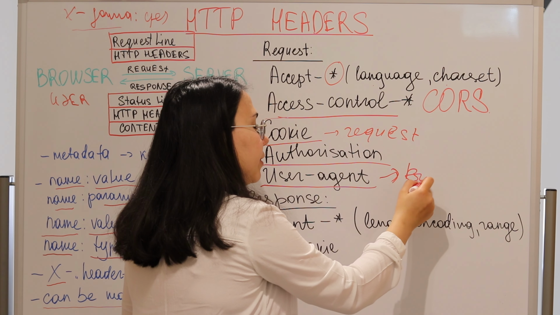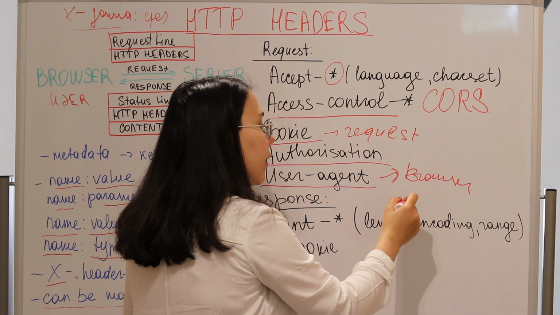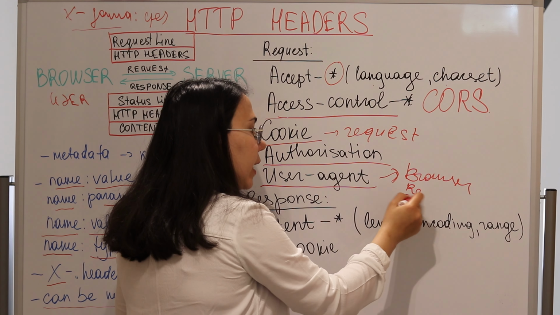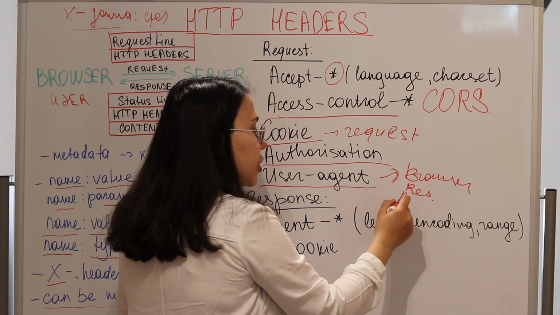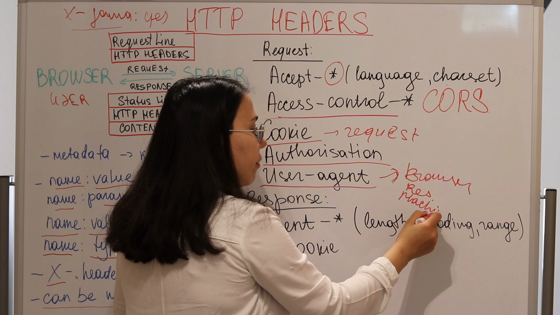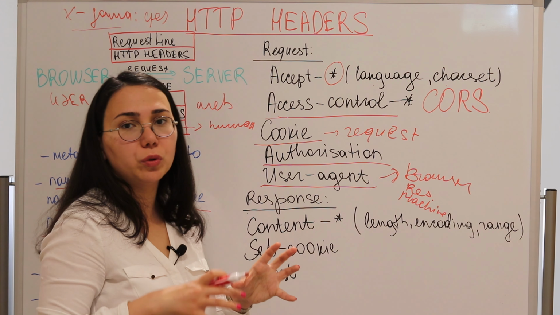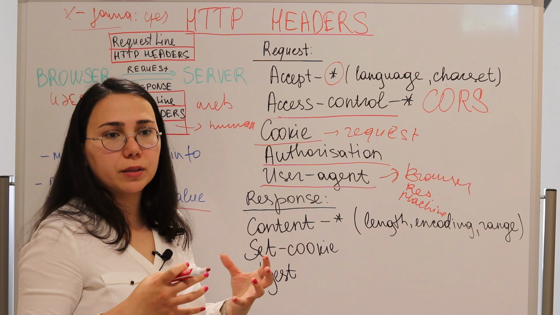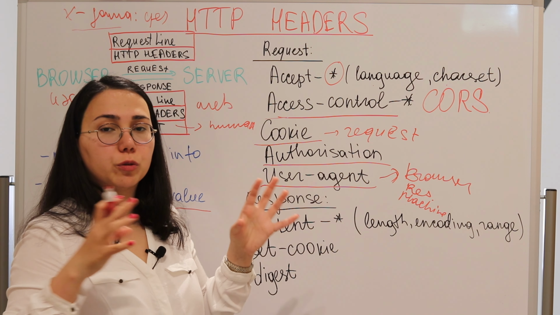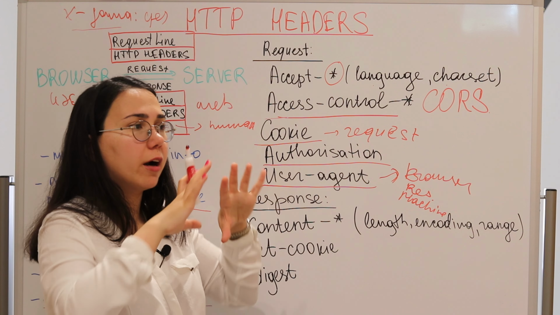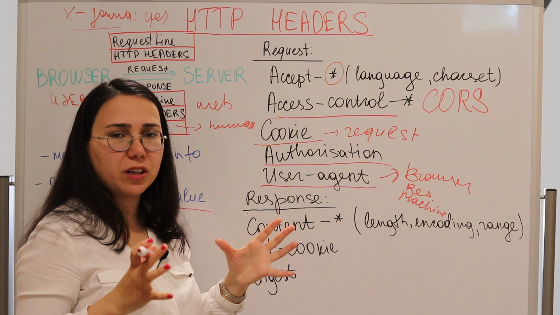It contains different information about our browser. It can be a resolution. It can be the physical machine that we're working on, Mac, for example. And usually it's important for those who design our websites because they know what resolutions might not be working, what resolutions are not showing perfectly well.